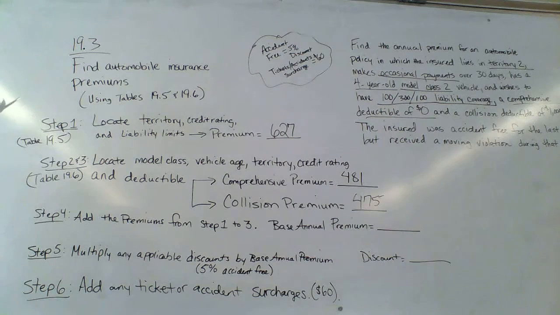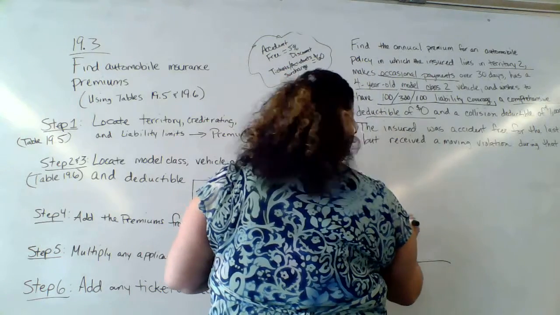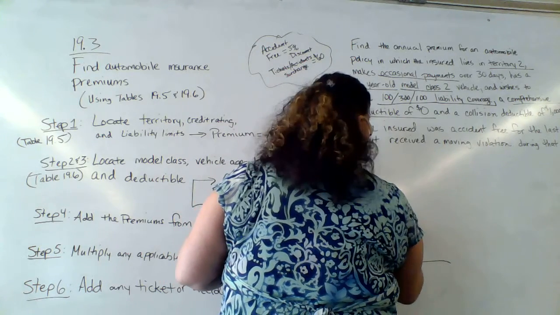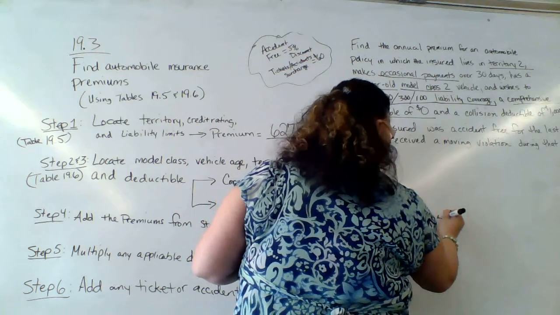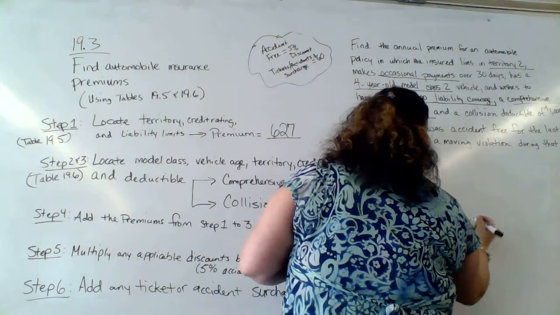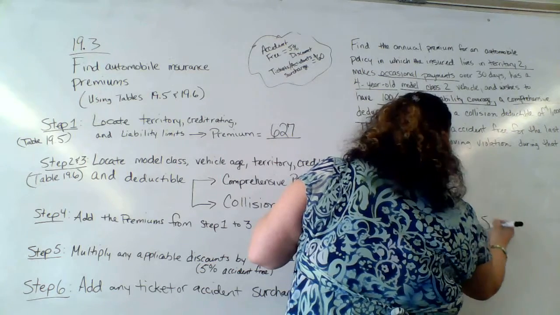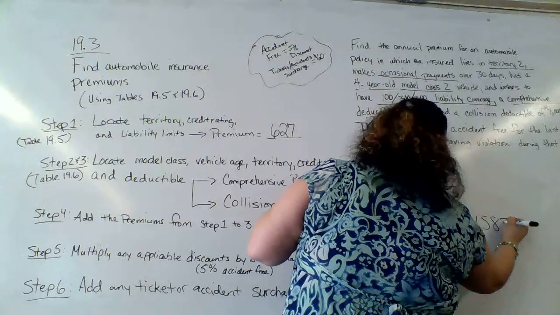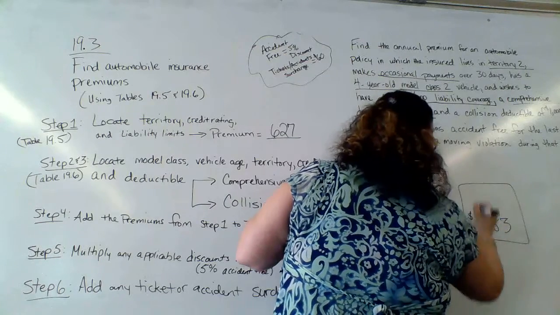So then when we add them all together, our base annual premium, we're taking the 627 plus 481 plus 475, and that's going to equal $1,583. So that's our base annual premium.